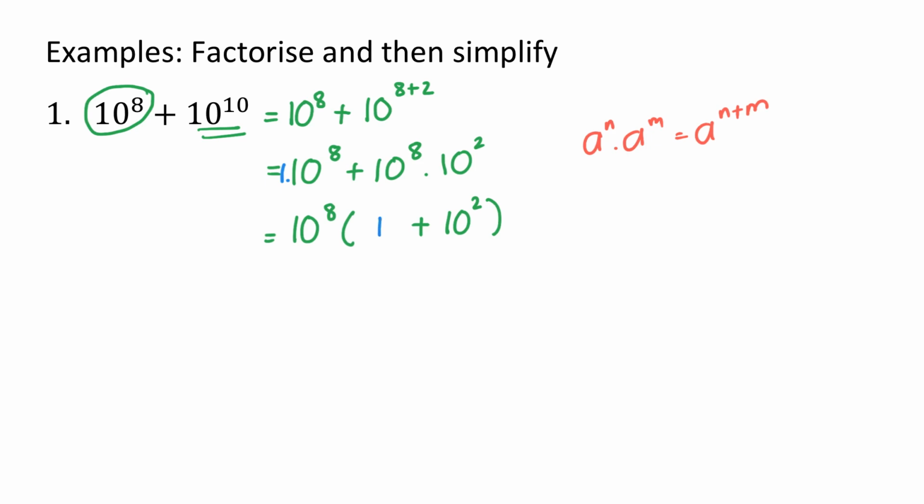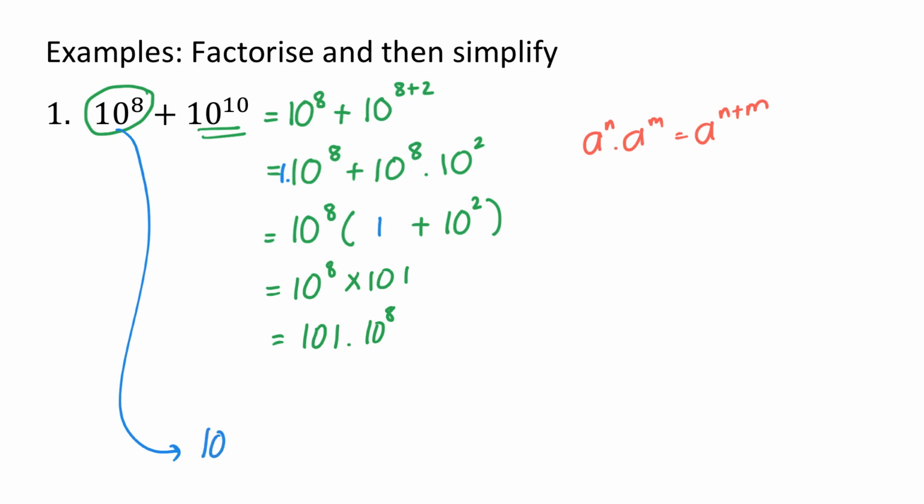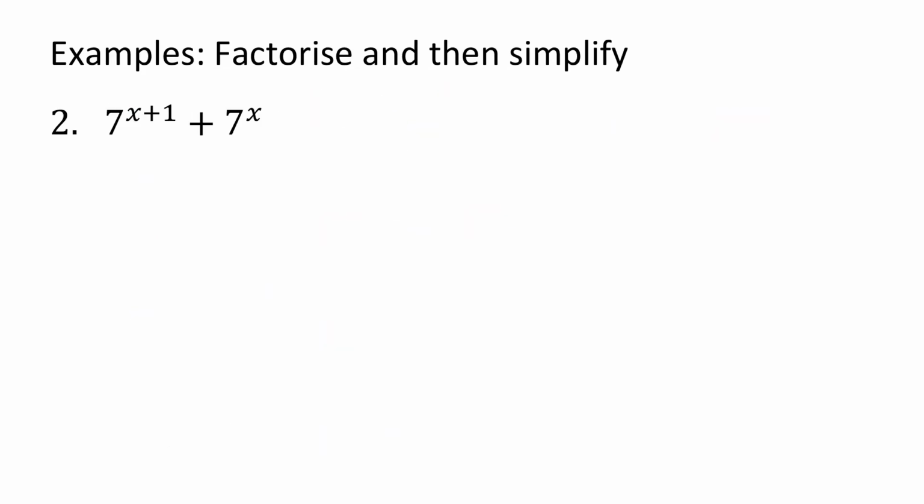Now 1 plus 10 squared is 101, so I'm going to get 10 to the power of 8 times 101, and I could write that as 101 times 10 to the power of 8. Now most of you wouldn't have done it that way. You might have worked a little bit faster and just gone straight away, 10 to the power of 8 times 1 plus 10 squared, and then got your answer. But the reason I'm breaking it up so slowly is so that you'll understand the next example.